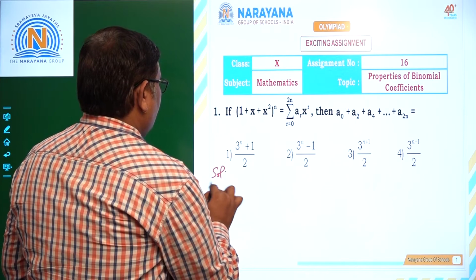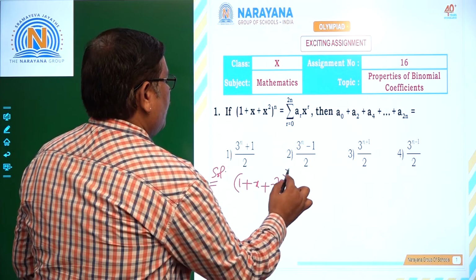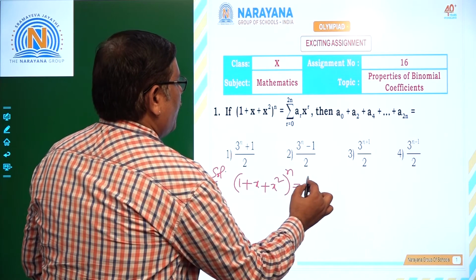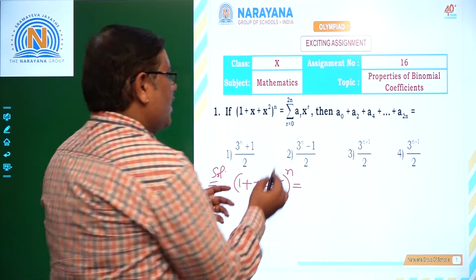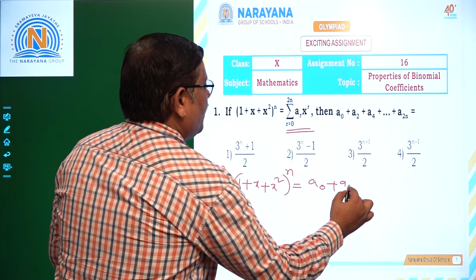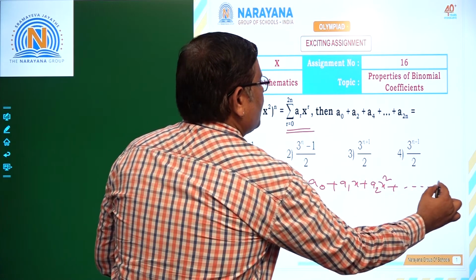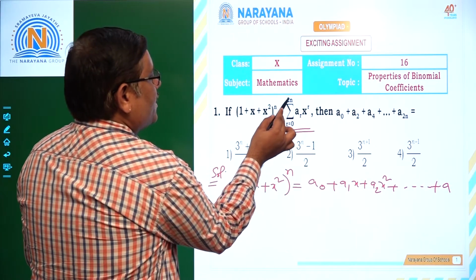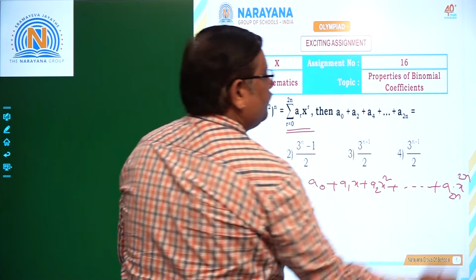What is given for us? (1 + x²)^n is the sum from r = 0 to 2n of a_r x^r. If I expand this, I am going to have a0 + a1x + a2x² + so on, and it ends with 2n, so r = 2n means a2n x^(2n).